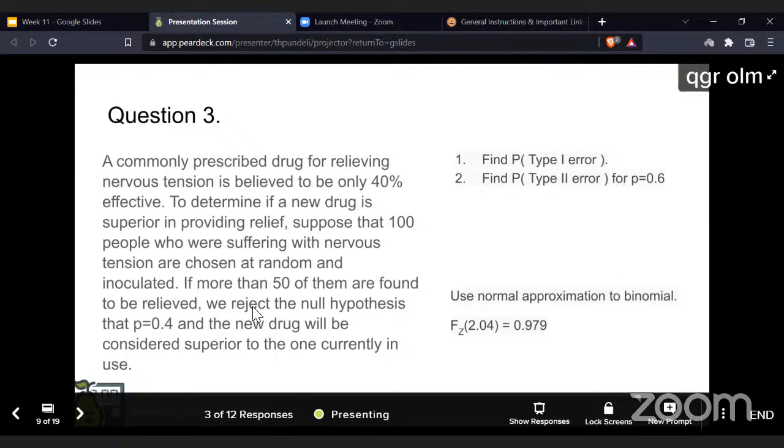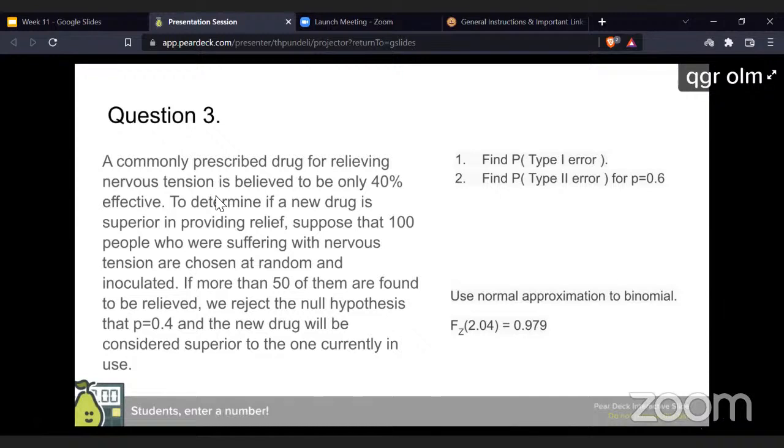Okay. In the question, you have to check a commonly prescribed drug for relieving nervous tension. So there is some drug that is believed to cure the disease with only a 40% chance. There is only a 40% chance that it is effective. Now some new drug has been introduced and we want to check whether this new drug works better.